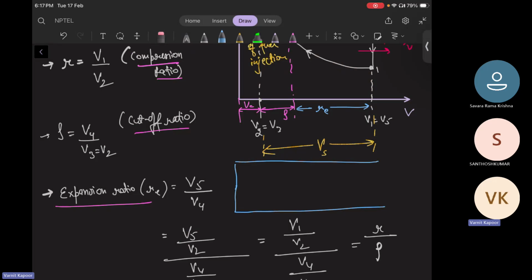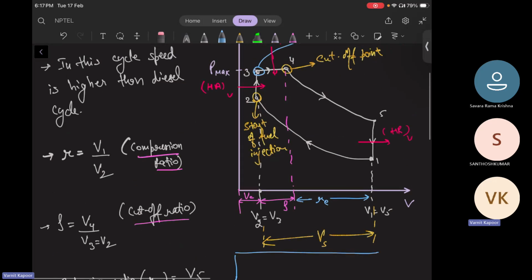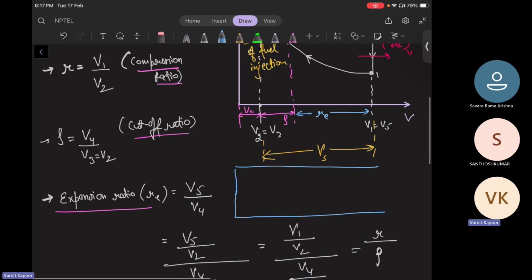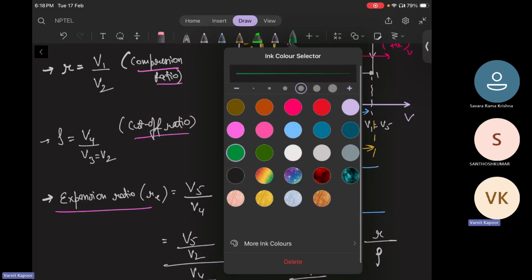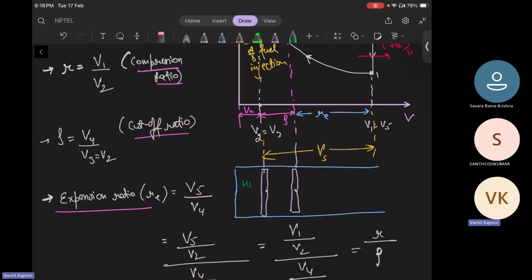If you observe from point 3 to point 4, here first heat is being added at constant volume, and then heat has been added at constant pressure.